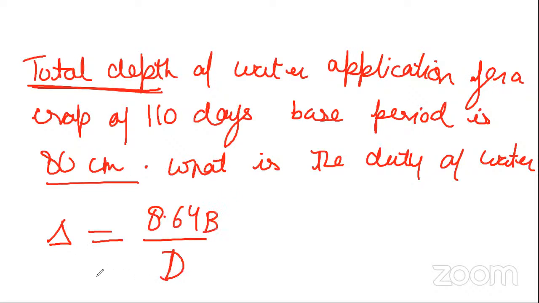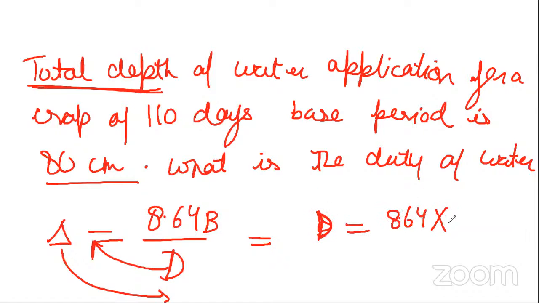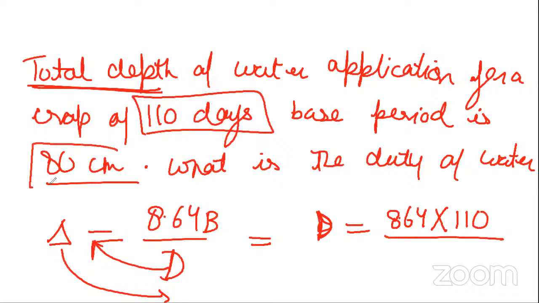So the depth goes here, and your d is equal to 8.64 into the base period of 110 days divided by the depth. Since 8.64 is in meter, as I told you, we have to convert this centimeter also into meter.